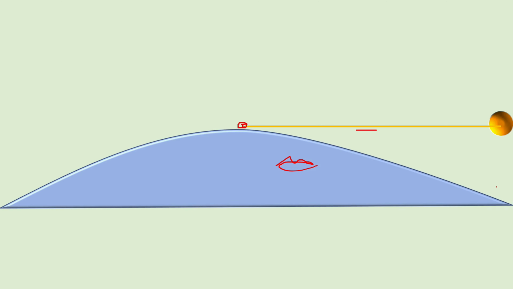Under such a condition, this is the normal to the surface, and hence the angle of incidence, which is between the normal to the surface and the sun ray, is 90 degrees. You are suggested to keep this statement in mind because it will be the basis of our next discussion.